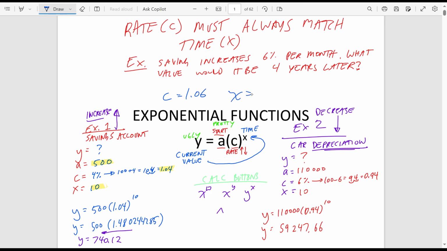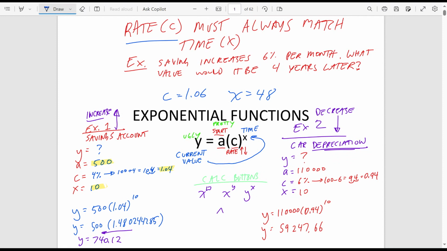What is X going to be in this case? Rate, C, must always match time. Essentially the way it works is C is the one that matters the most. So X in this case is going to be 48.